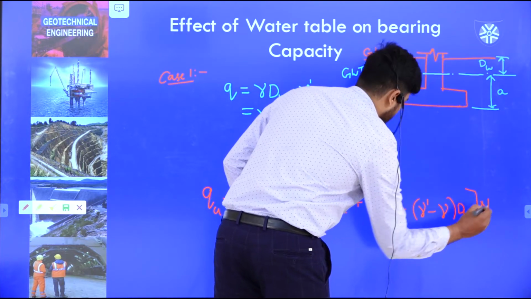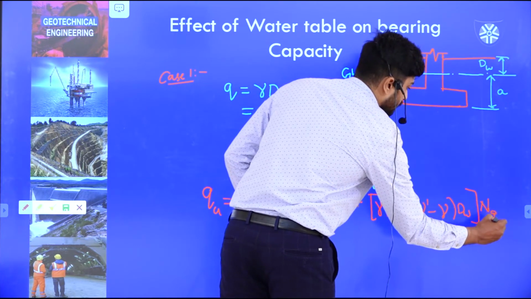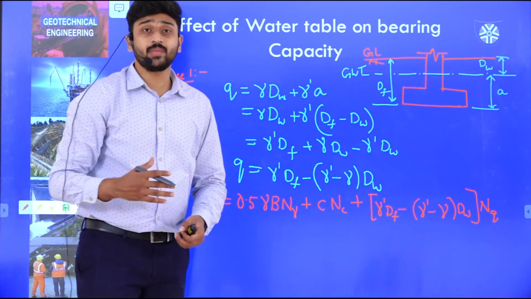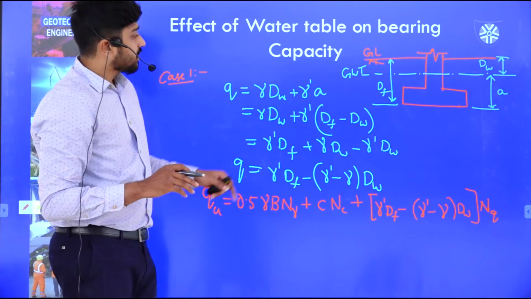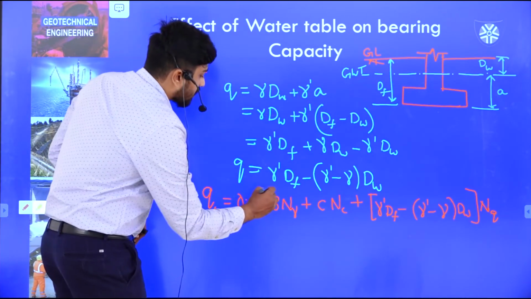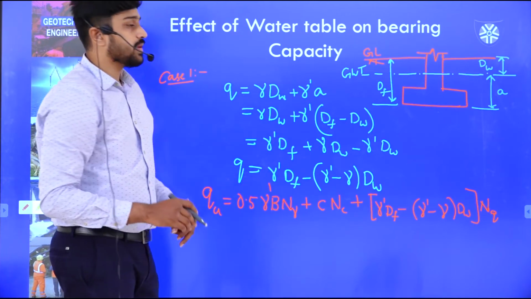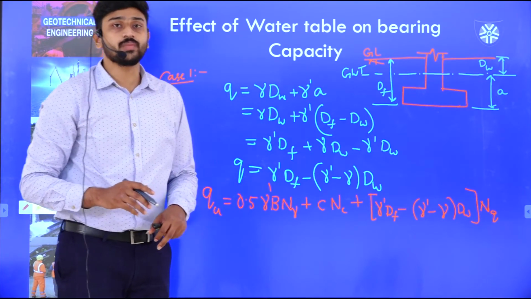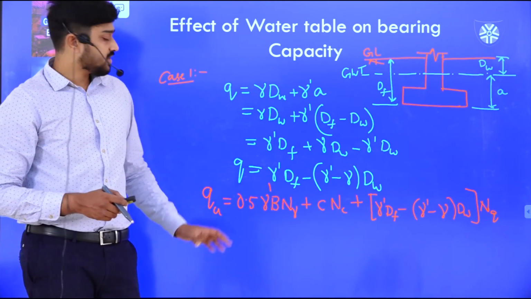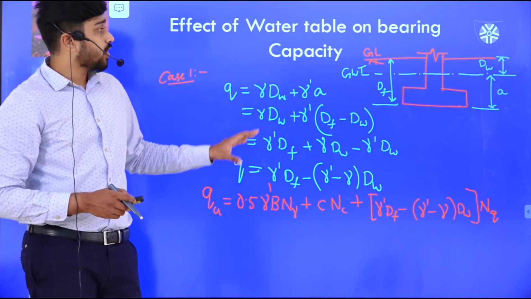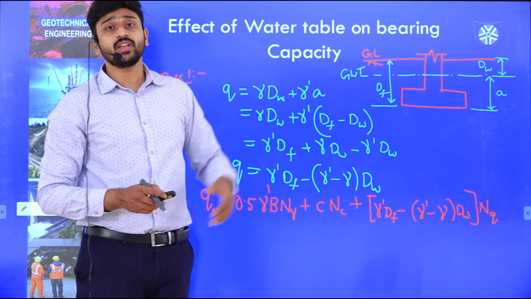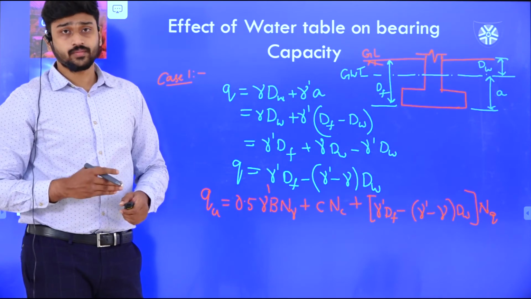Substituting these values, we can write down the ultimate bearing capacity equation. But in the first term, since the water is above the base, it will be 0.5 gamma dash B N gamma. That is the only difference here. So this is the ultimate bearing capacity expression we have obtained when the groundwater table is above the base of the footing at a height of a.